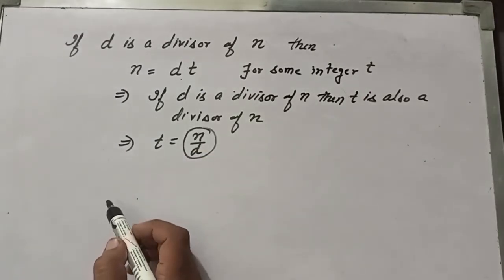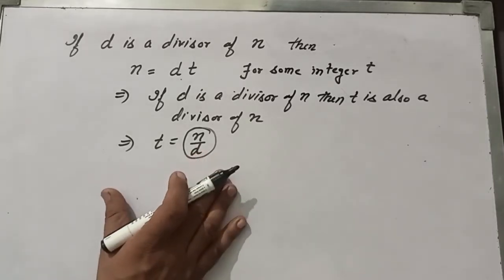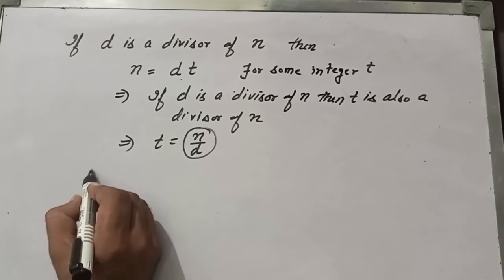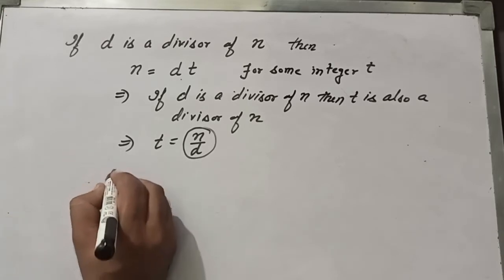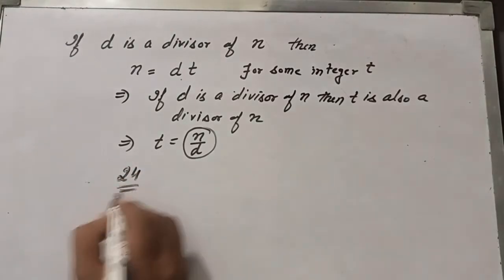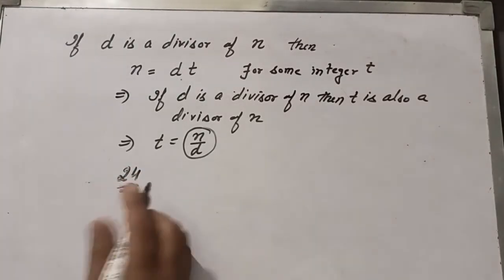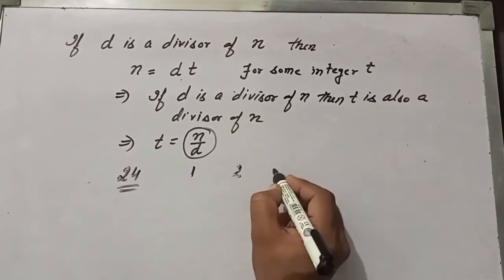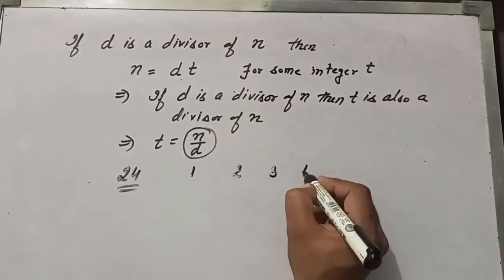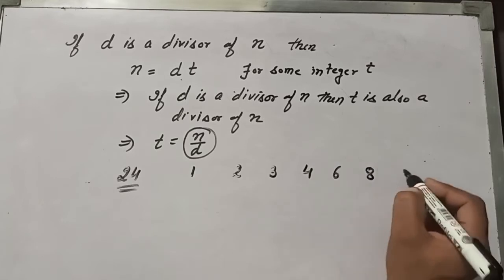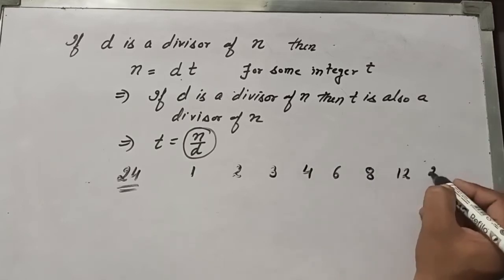Okay, students. Now you can see this with the help of an example. Suppose you have the integer 24. So what are the divisors? 1, 2, 3, 4, 6, 8, 12, and 24.